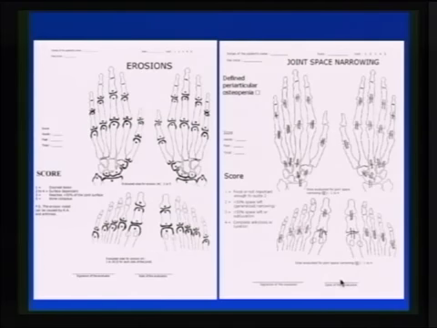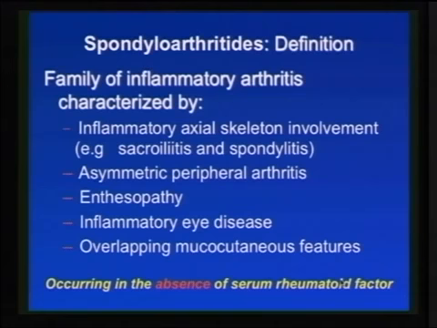But the two most important issues to analyze are whether there are any erosions, and whether there is any joint narrowing, widening, or pseudo-widening. These are the most reliable indicators of joint arthritis changes.